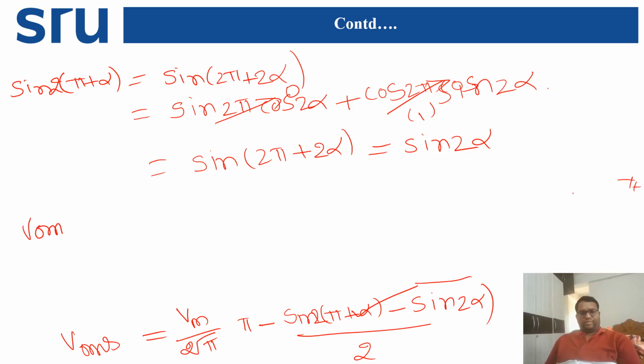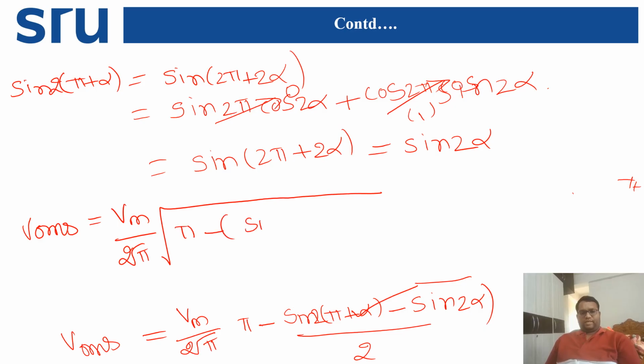V naught RMS is equal to Vm by 2 root pi, square root of pi minus sine 2 alpha minus sine 2 alpha by 2. This one will get cancelled. Finally, how will it come?